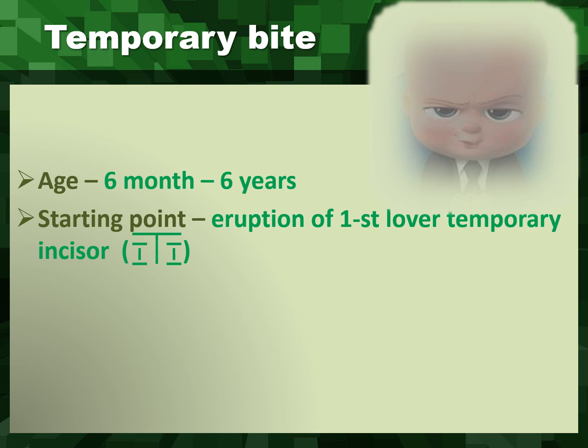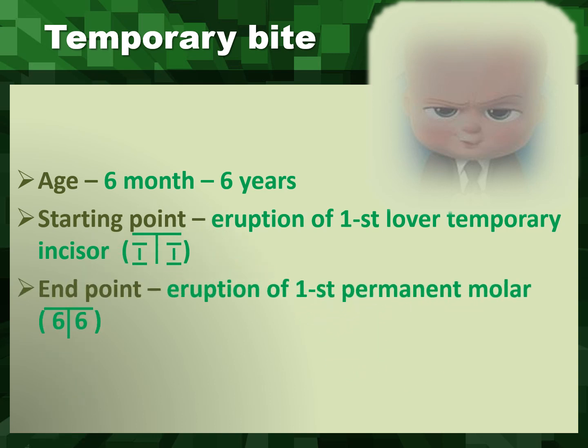The starting point of this period is the eruption of the first lower temporary incisor at the age of 6 months, and this period ends with the eruption of the first permanent molar at the age of 6 years old.